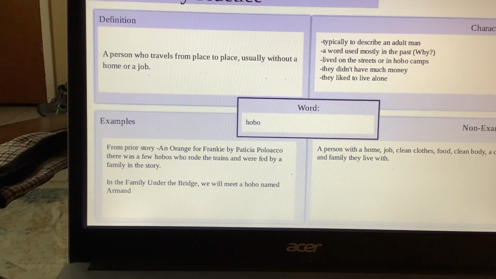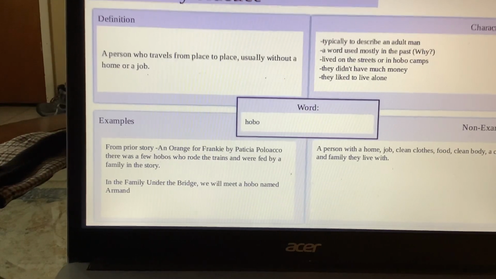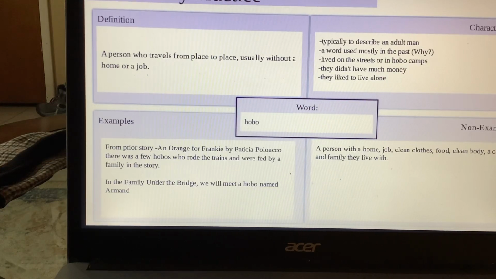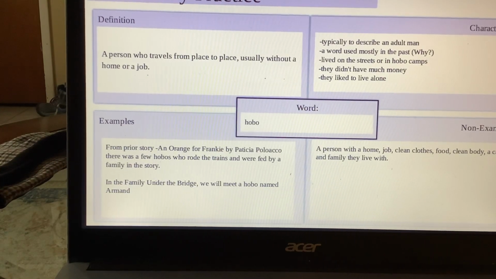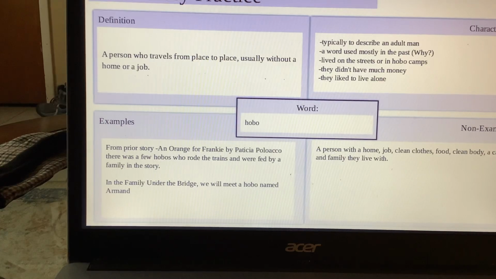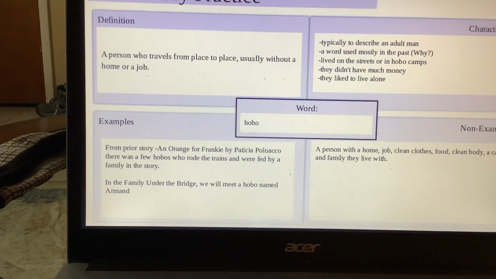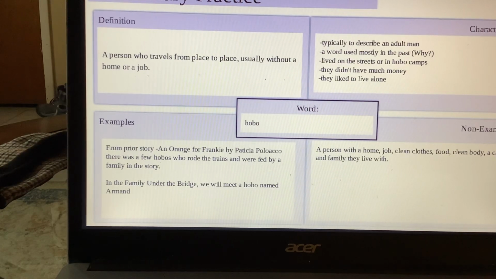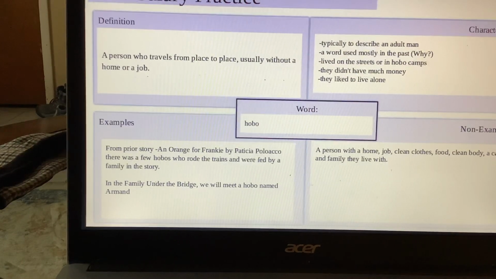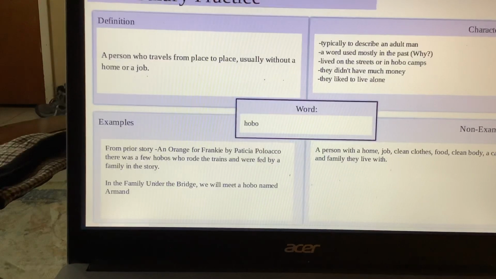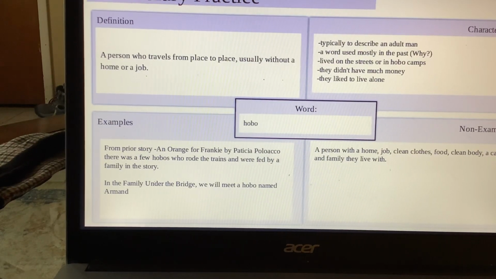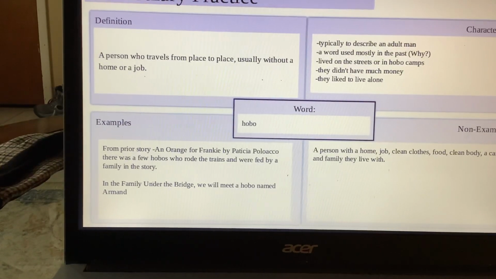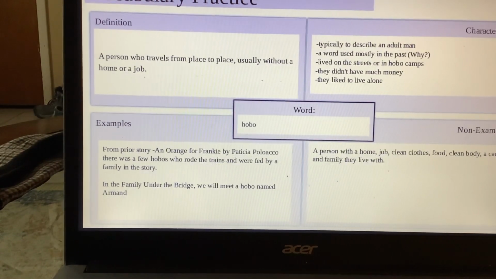A gypsy is someone who travels from place to place like a hobo, but they traditionally have some sort of a way to make a living. Some of them fix pots and pans. Some of them do some odds and ends for people around a city. But they typically live together. So gypsies travel together versus hobos who like to live by themselves.